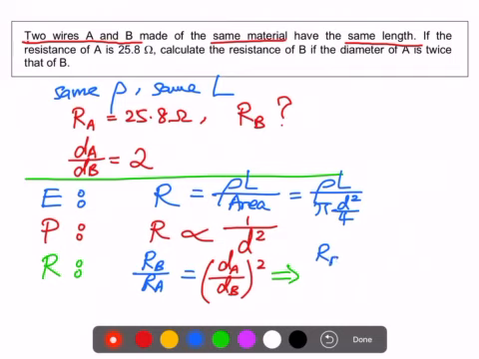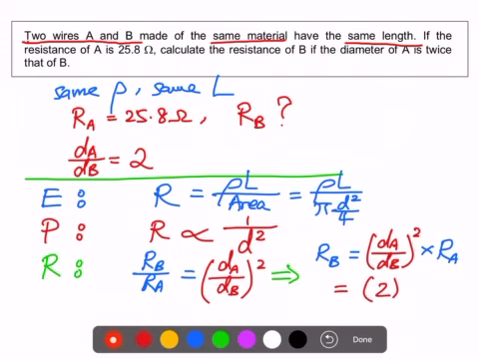Resistance of B, this is the unknown, and write down the rest of the variables on the right side of the equation. Multiplied by resistance of A. The ratio of the diameter of A to B is known, it's 2 squared, multiplied by resistance of A, which is 25.8 ohms.